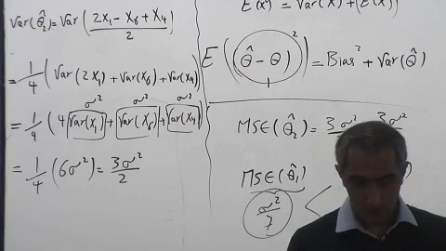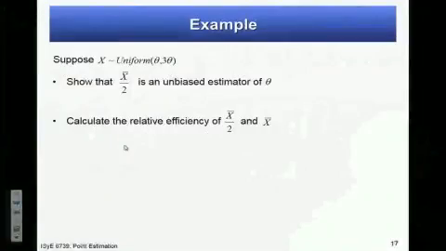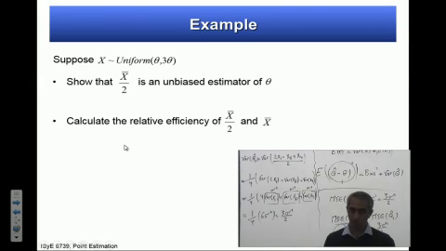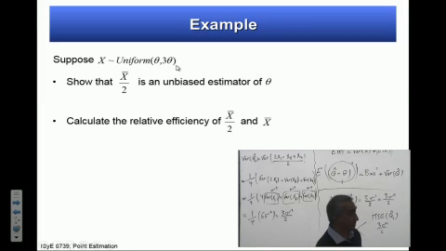Okay, so I'll give you time to work on it at home. I'll try to solve it on Wednesday. Just a hint: what you need to do is find the expected value and variance of a uniform distribution first, with these parameters.